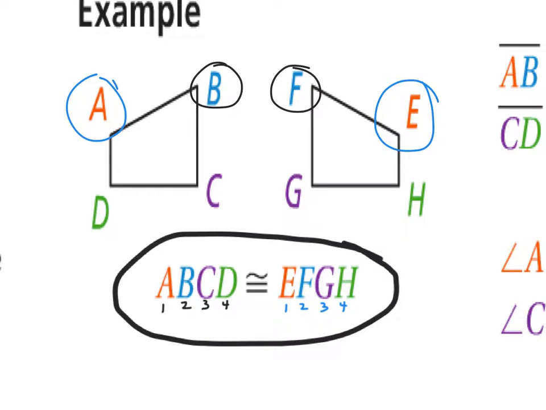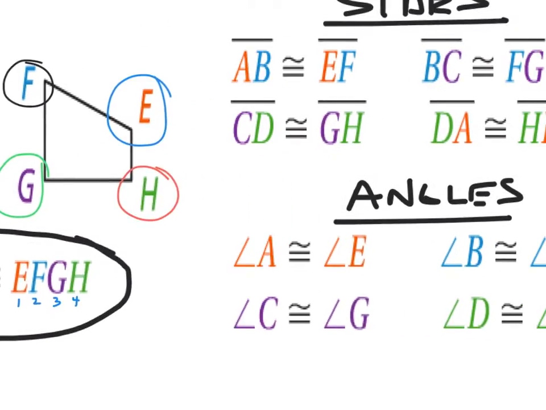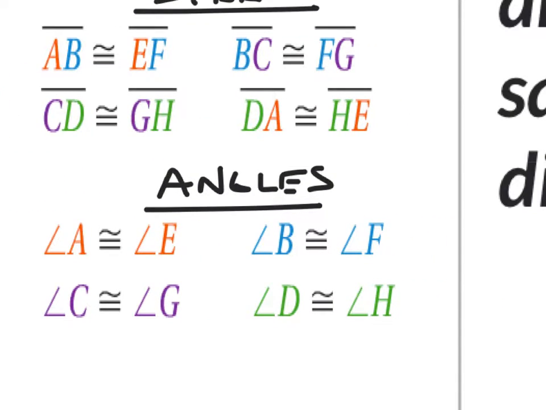Angle D and angle H are congruent to each other. Those are both the 4s. And then finally, C and G are congruent to each other. So the angles are kind of easy to figure out, and that's what they've marked out over here. You can see the angles here as they've marked that out.